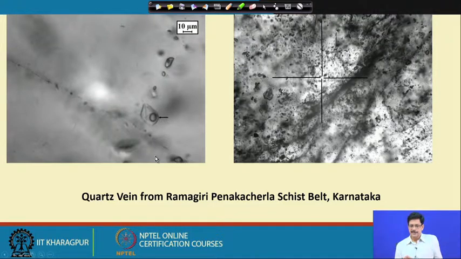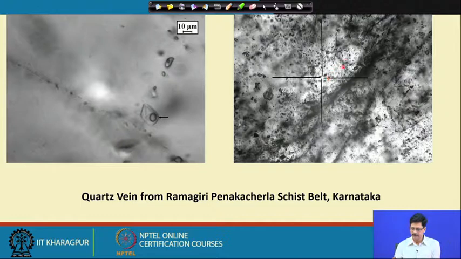So as we were discussing, this is a wafer taken at a much lower magnification, and we can see part of the quartz over here. As we were just discussing, when they form from the fluid phase, the inclusions within them could be just randomly distributed.